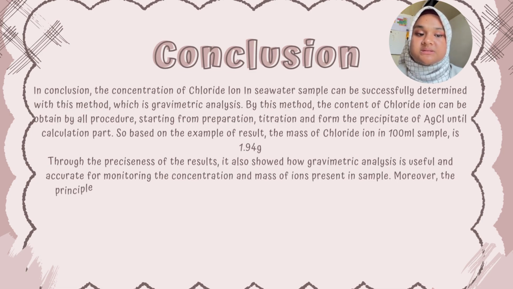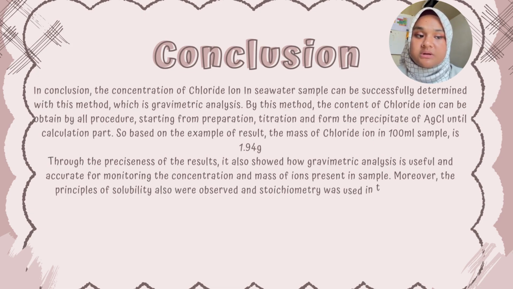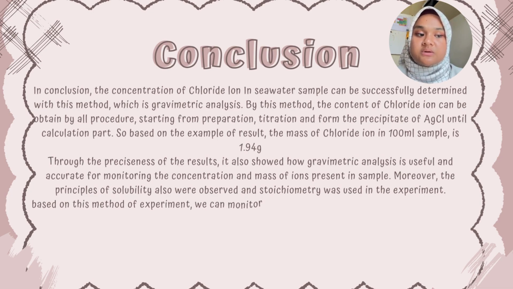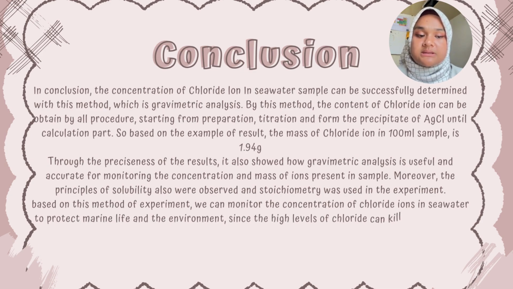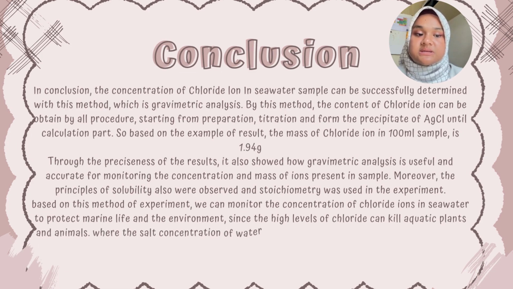Through the preciseness of the result, it also shows how gravimetric analysis is useful and accurate for monitoring the concentration and the mass of ion present in a sample. Moreover, the principle of solubility was also observed, and the stoichiometry was used in the experiment for the calculations.